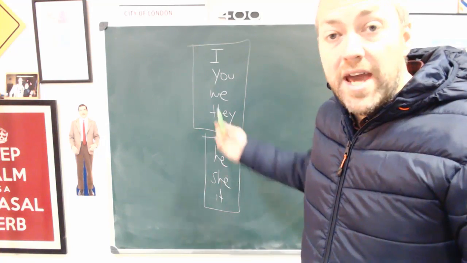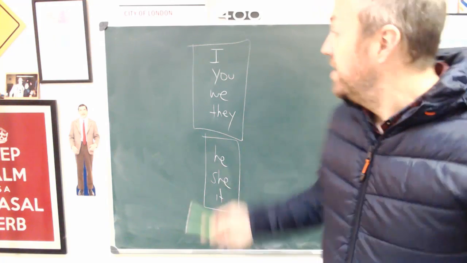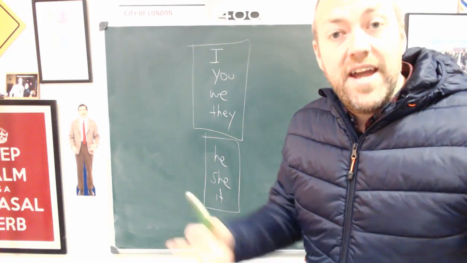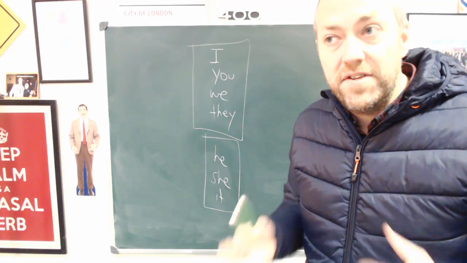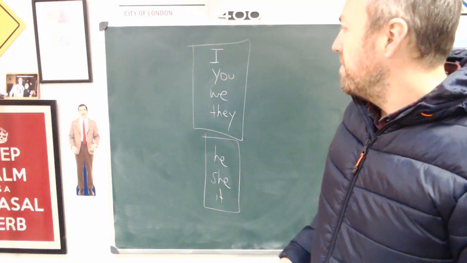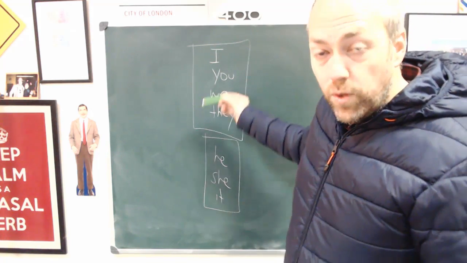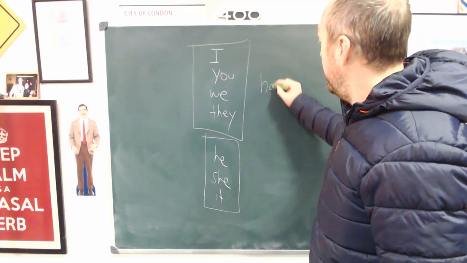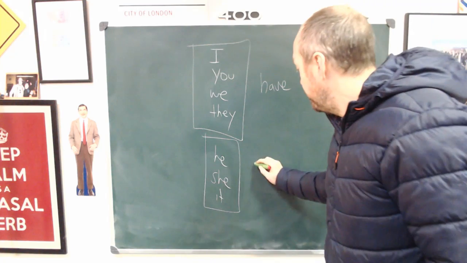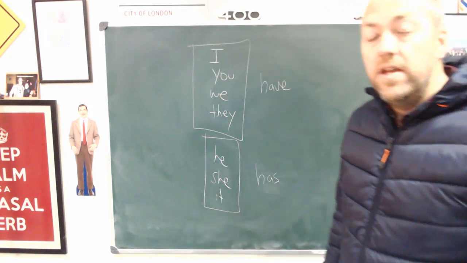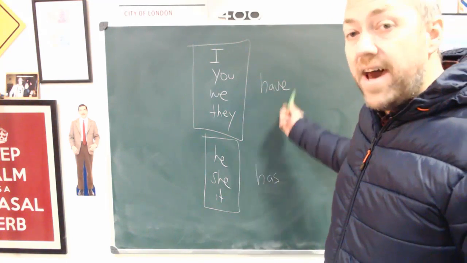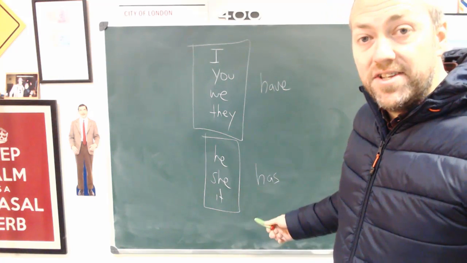As you can see, we have 7 persons in English: I, you, we, they, he, she, and it. They are the 7 different entities we can talk about. For the first group, we would use have, but for the second group, we would use has. And it's that simple, really. So I, you, we, and they have, and he, she, and it has.